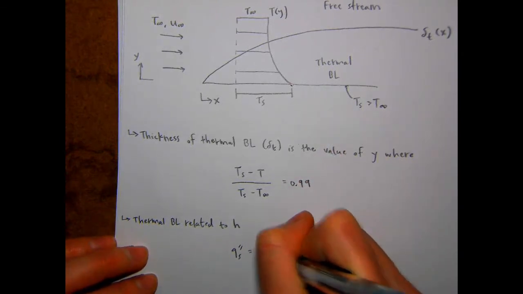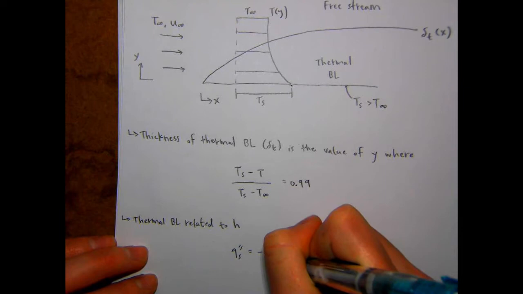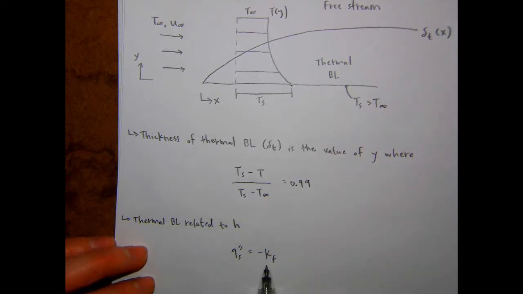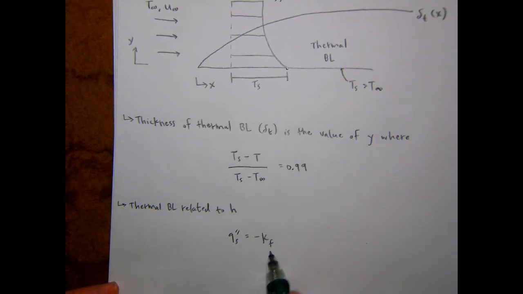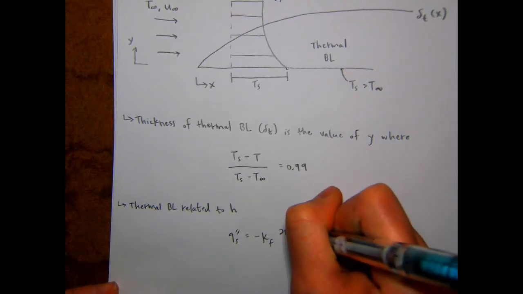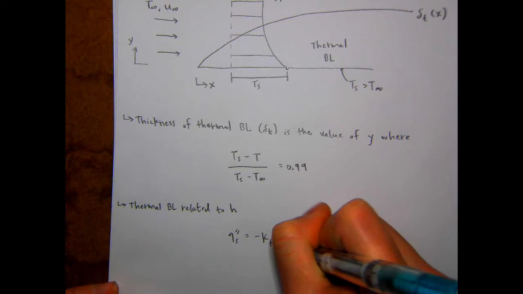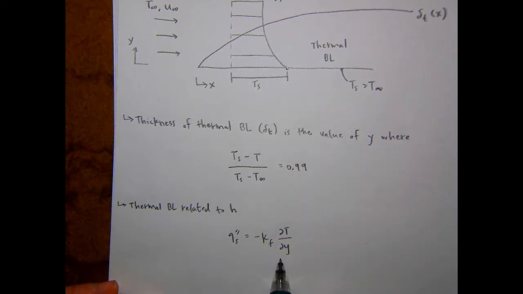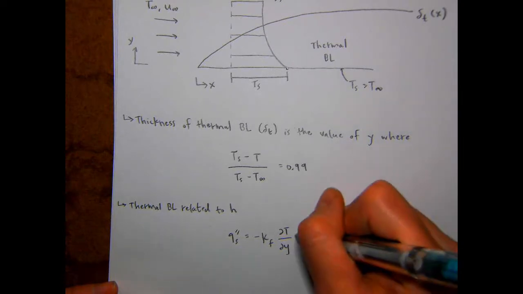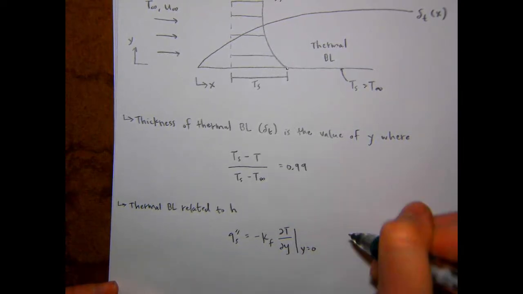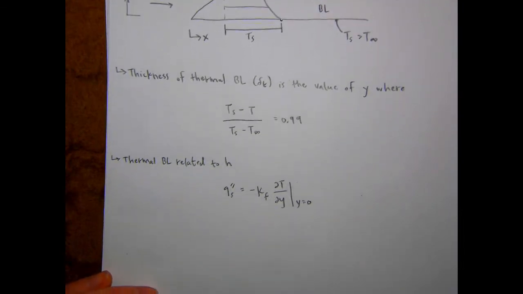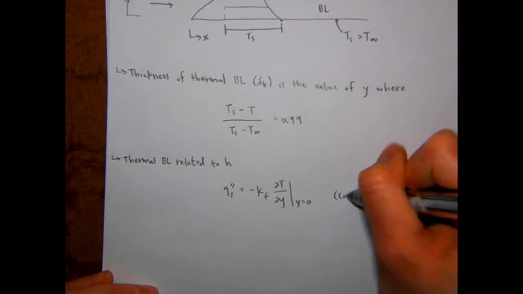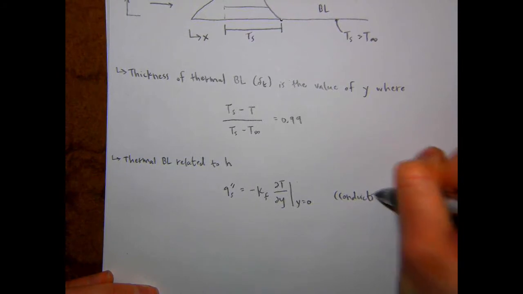So the heat flux via conduction at the surface is k of the fluid. And again, it's okay to do this because the fluid velocity is 0. And then we're looking at the rate of change of the temperature in the y direction at y equals 0. So that's the conduction heat transfer.